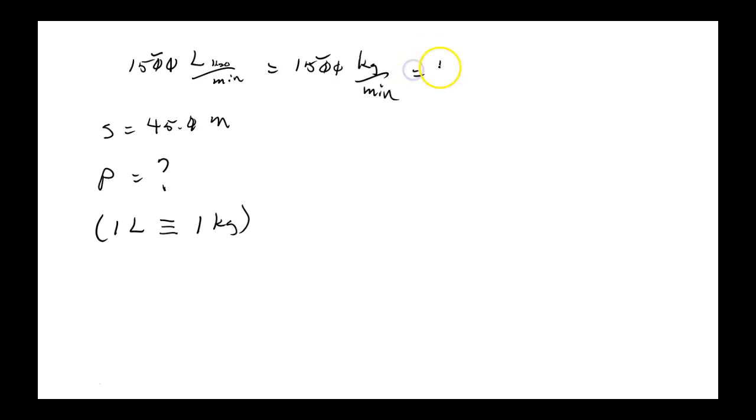Okay, now I know what this is. This is a mass per unit time. But my time is now in minutes. What time do we usually use? What's our usual unit for measuring time? We've been using it most of the day today. Seconds. So we need to get that 1,500 kilograms per minute into so many kilograms per second.